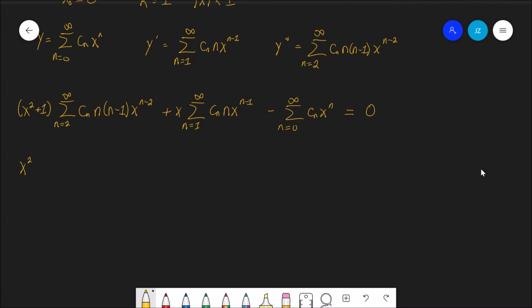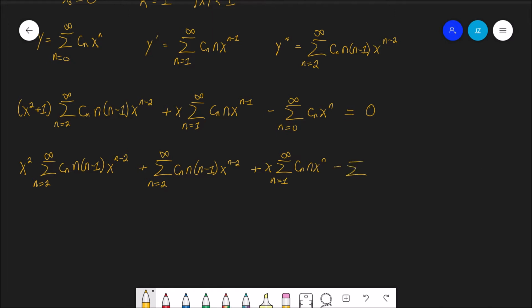So we're going to have x squared times the sum n equals 2 to infinity c sub n n times n minus 1 x to the n minus 2 plus the summation n equals 2 to infinity of that same thing plus x times the sum n equals 1 to infinity c sub n n x to the n minus the sum n equals 0 to infinity c sub n x to the n.